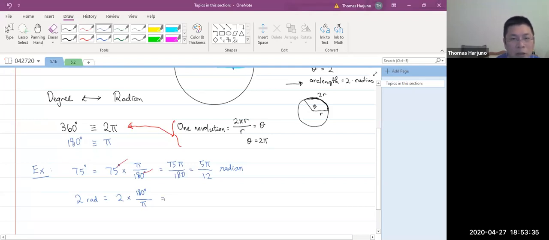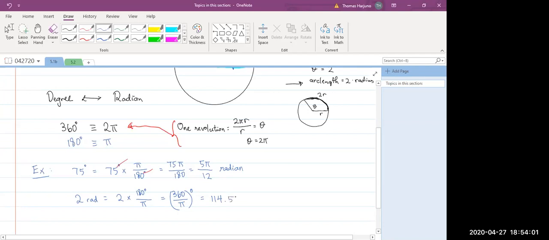Now that will give me 360 over pi degrees. Now you can use your calculator. 360 divided by pi gives me 114.59156 degrees.